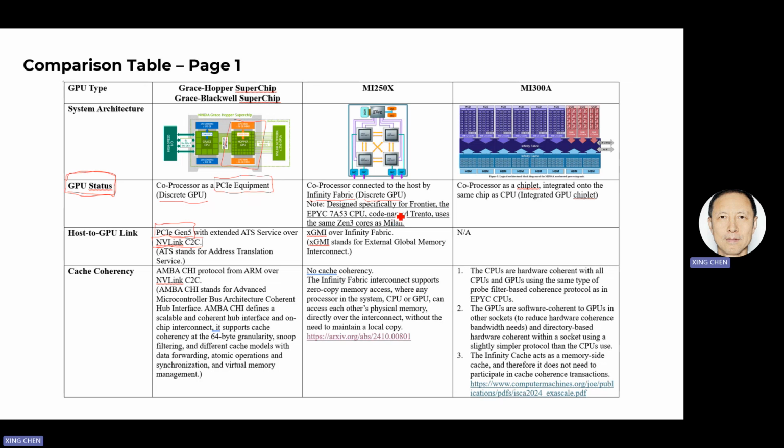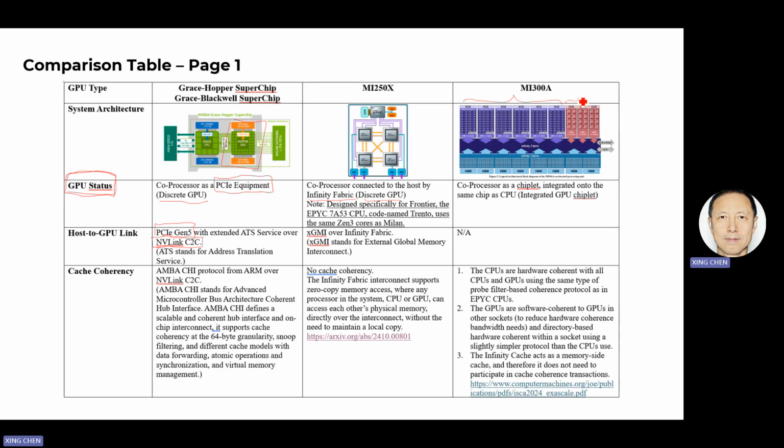For MI300A, things are very clear. These GPUs are no more PCIe equipment because they are not connected to the system by any kind of links. They are directly integrated in the very center of the chip. Here it is. You have the 6 XCDs, the 6 GPUs.